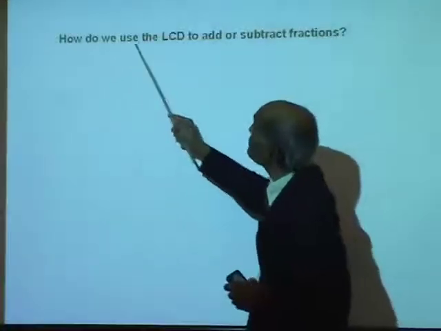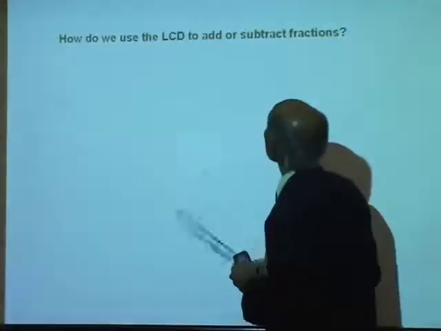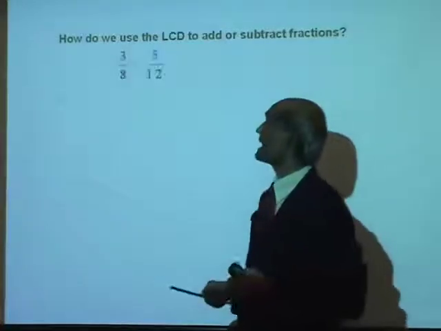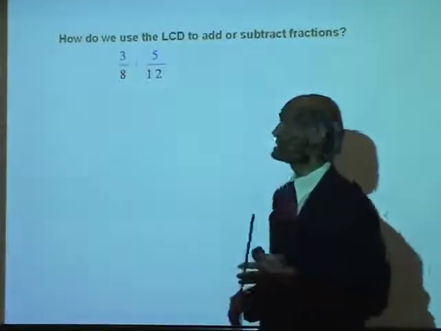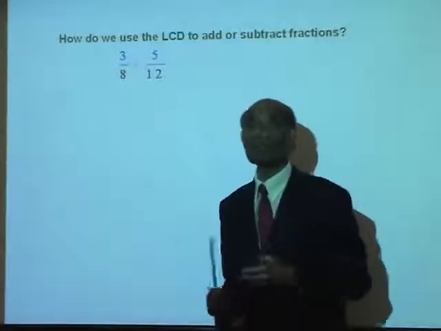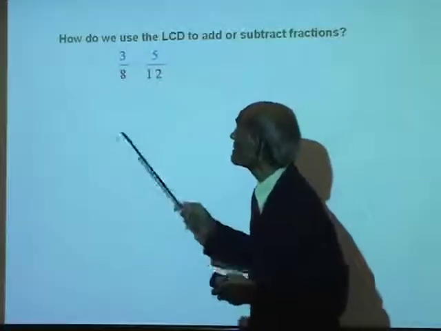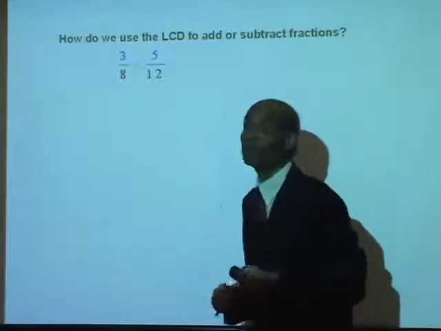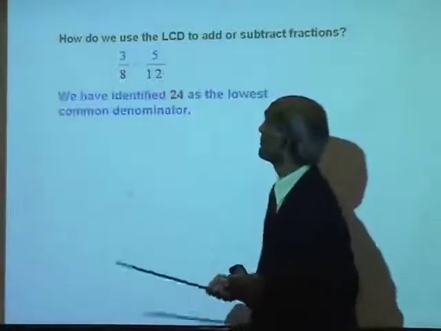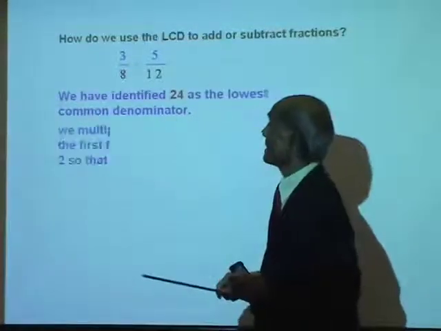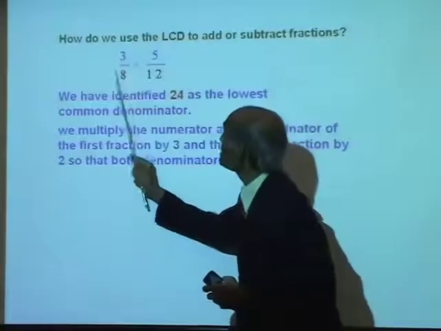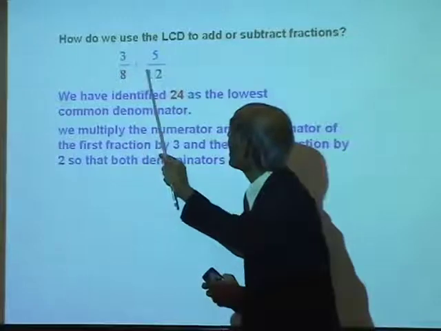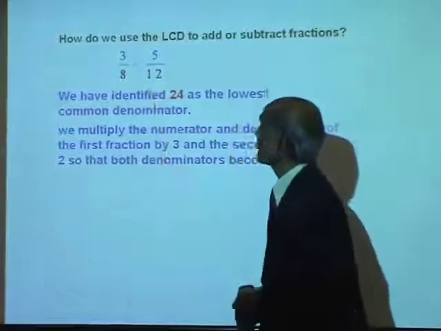Alright, how do we use the LCD to add or subtract fractions? We started with 3 over 8 plus 5 over 12. Now we have identified our common denominator as 24. I want to make this denominator 24 and this denominator 24.